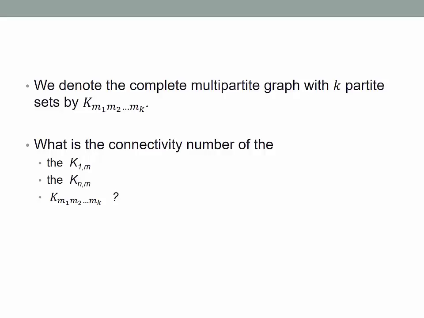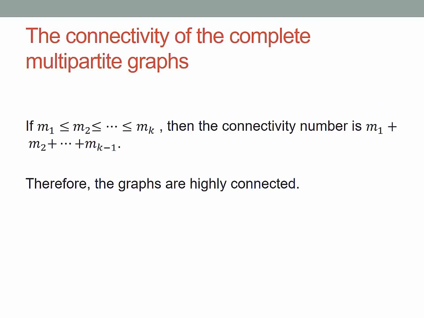It might depend on which is bigger, the N or the M, because the connectivity number, recall, is the minimum number of nodes that you can remove to increase the number of components. What about the complete multipartite graph with partite sets M1, M2, up to Mk? As I mentioned before, it might depend upon the size of the partite sets.